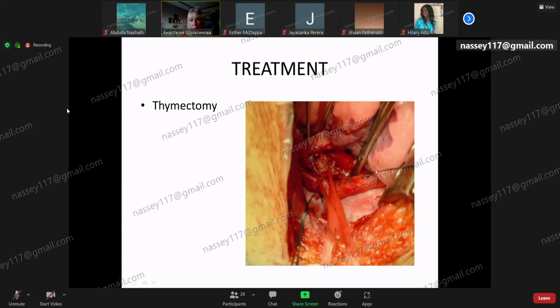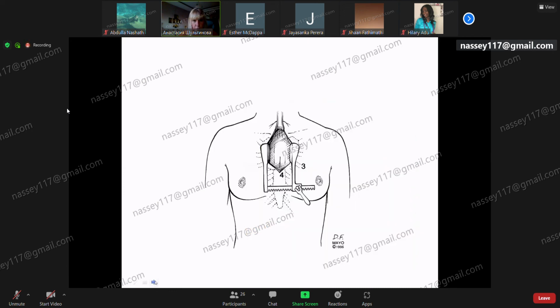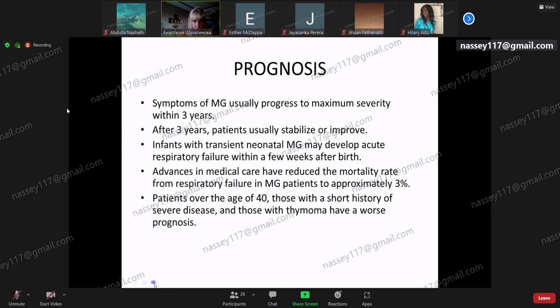The techniques of thymectomy: this is seen by endoscopy. Or a radical operation, opening the chest and doing the radical operation. Prognosis. Symptoms of myasthenia gravis usually progress to maximum severity within 3 years.